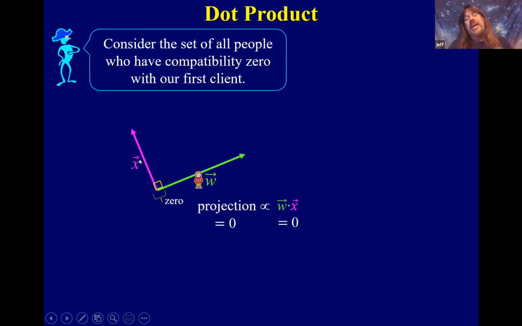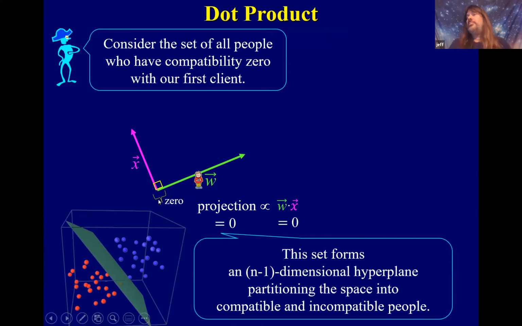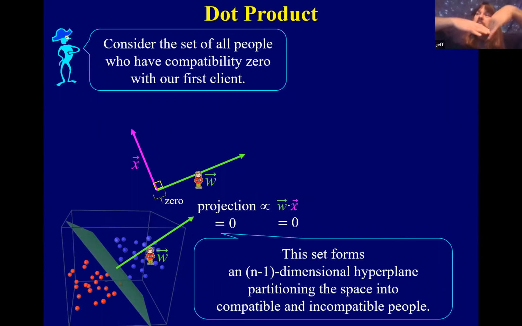So what about this vector here? It's at 90 degrees. And so the projection, the size of the shadow, is 0, and the dot product is 0. And if you took all the vectors x that are perpendicular to this, here's one vector, you take all vectors that are perpendicular to it, you're going to get the definition of this plane that's perpendicular to that green arrow, right?